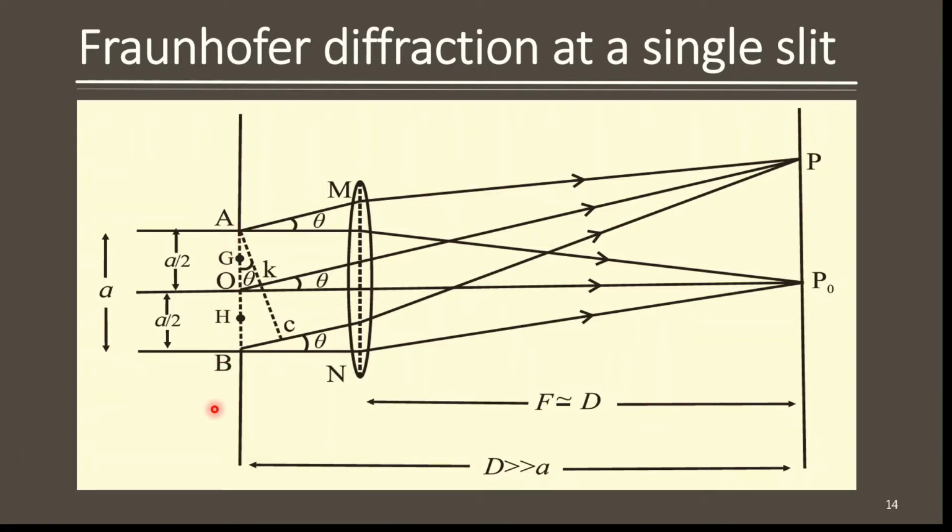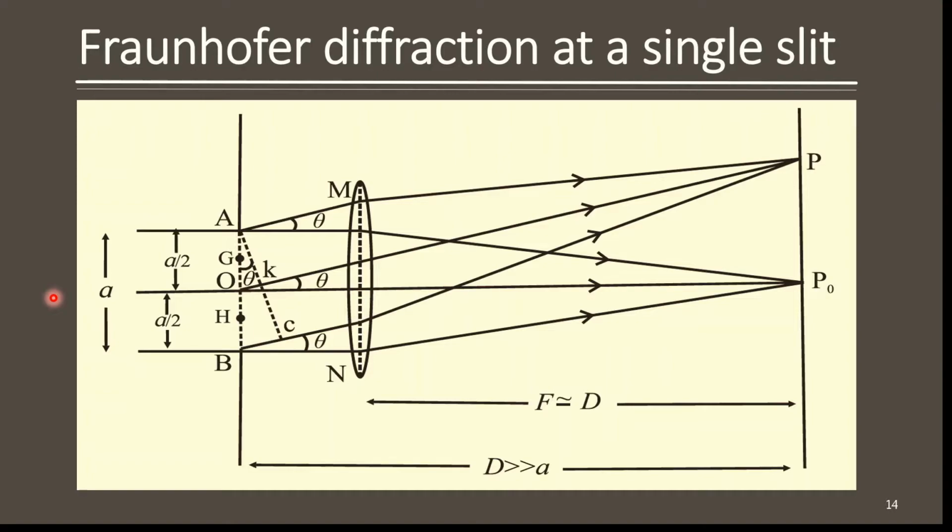The center of the slit is at point O. The slit can be imagined to be divided into a number of extremely thin slits or slit elements. The moment the plane wavefront reaches the slit, according to Huygens principle, each slit element becomes the source of secondary wavelets, responsible for diffraction, spreading in all directions.